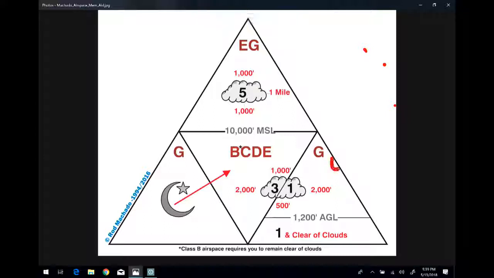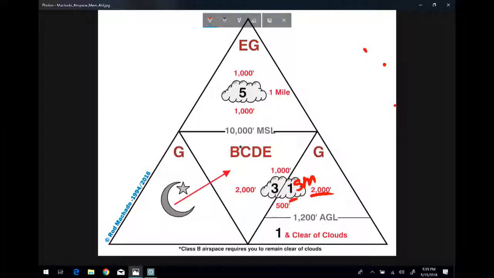During the day in Class Golf, that looks like a bear paw. That's not really a good sun. During the day, you don't need as much visibility in Class Golf airspace. It goes down to 1 statute mile visibility and 500 feet below, 2,000 feet horizontal, and 1,000 feet above.